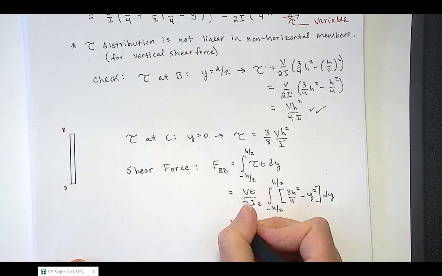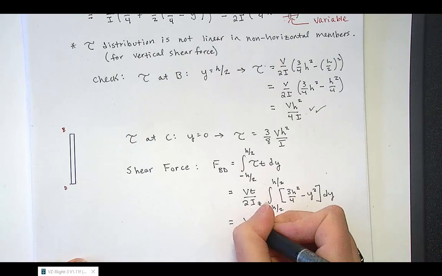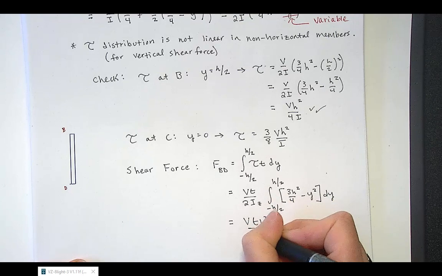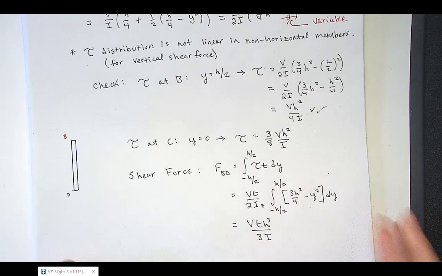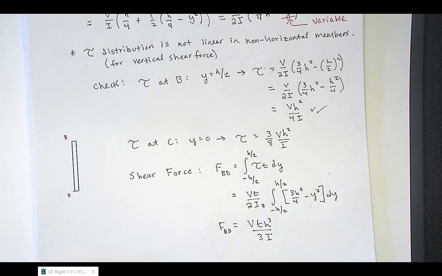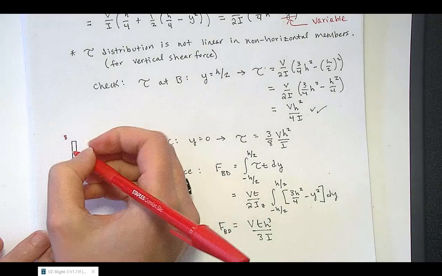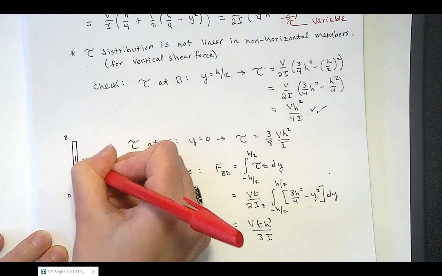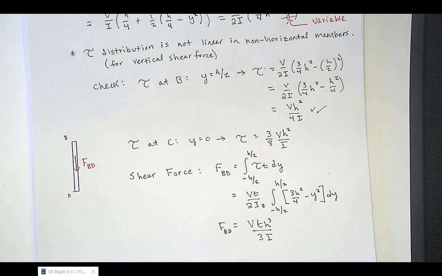Evaluating this integral, you end up with Vth cubed over 3I. And the shear force is in the same direction as the shear stress. So on the vertical segment, it's downward.